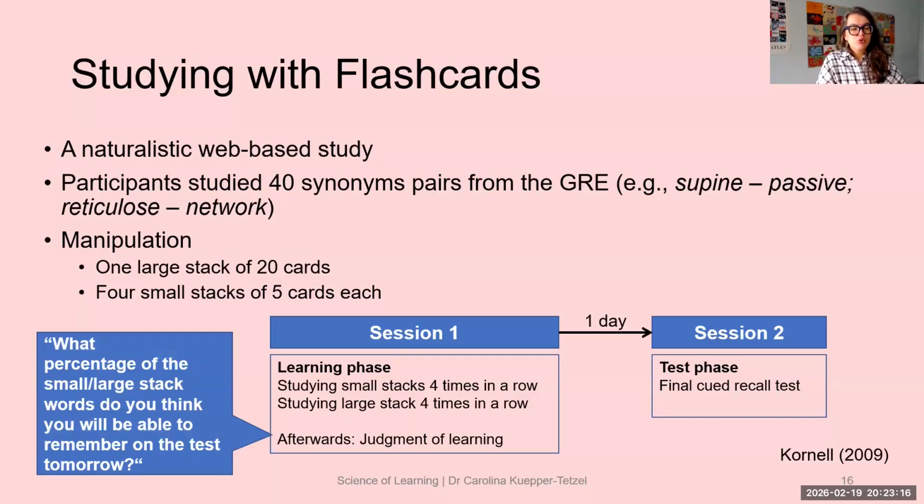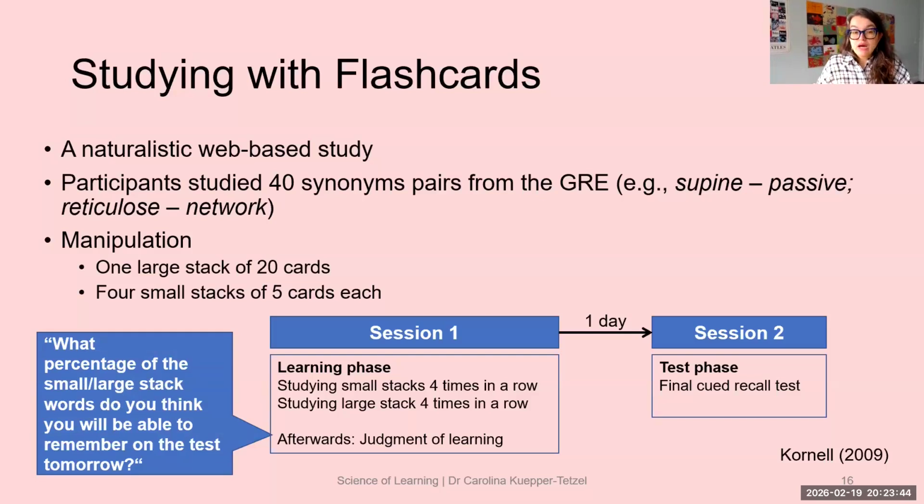So what percentage of the small versus large stack words do you think you will be able to remember on the test tomorrow? So we'd like to find out if the students have a good understanding of their own learning. So it's called metacognition. It's your own understanding of your own learning processes. And we ask them to make a prediction. How well do you think you will do?